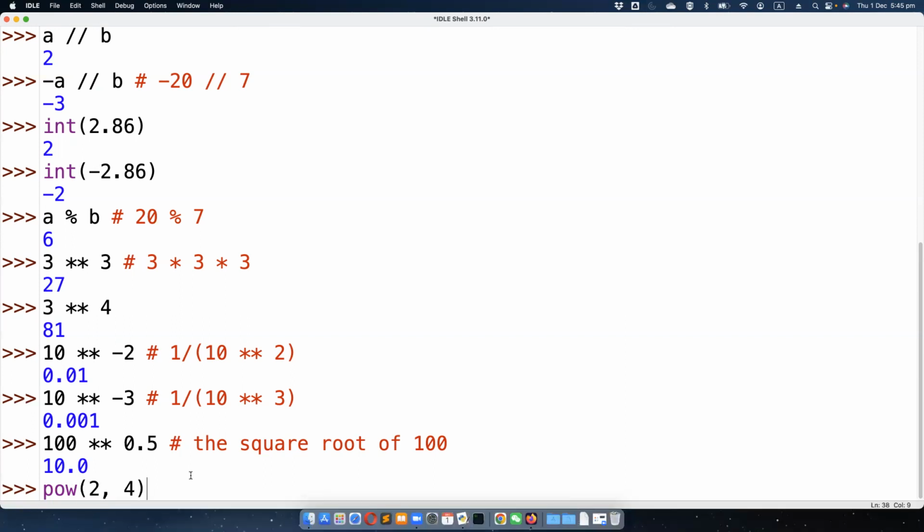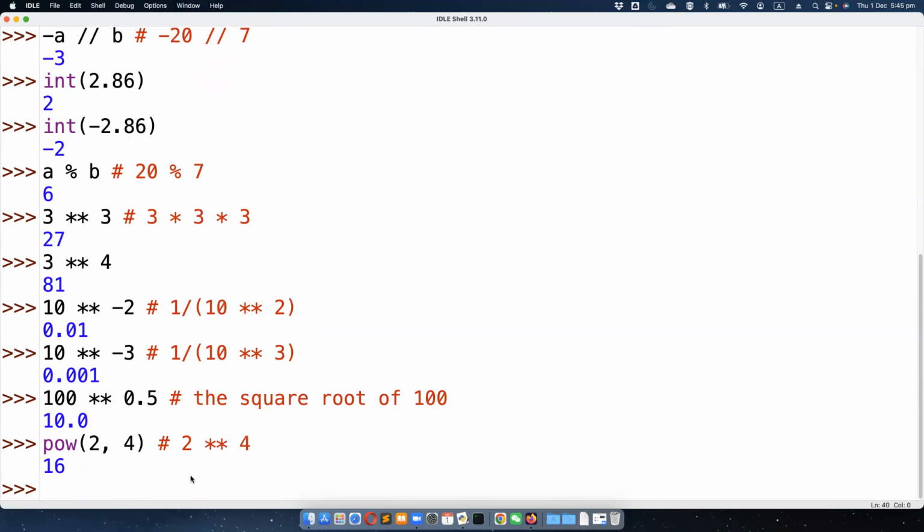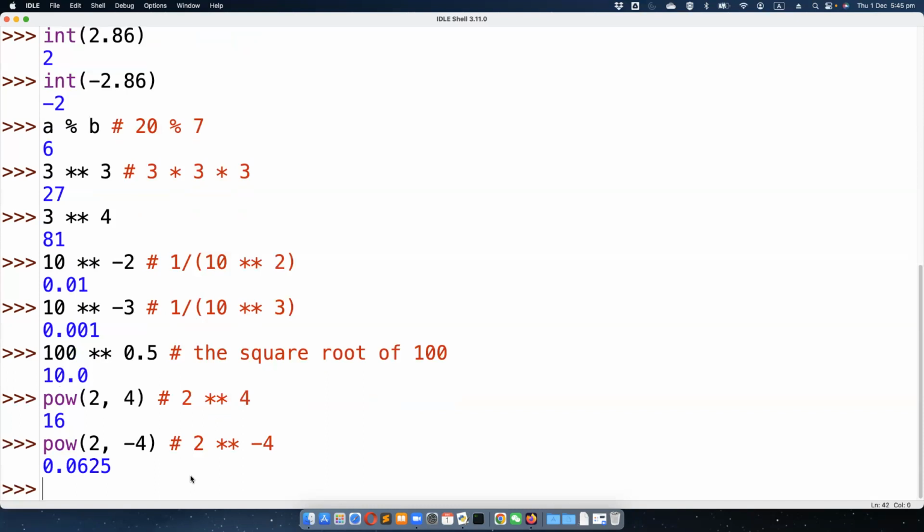So that is like 2 powered by 4. You can see it will produce 16. And in the case of 2 powered by -4, it will produce 0.0625.